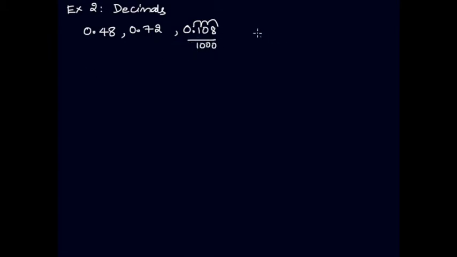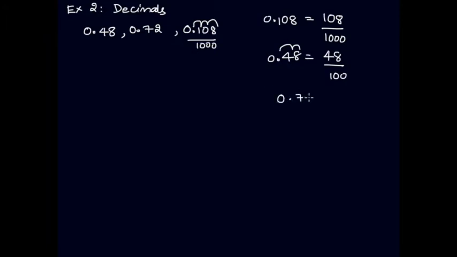In other words, 0.108 can be written as 108 divided by 1000. Similarly, 0.48 can be written as 48 divided by, since we need to move it 2 places, 100. Same thing with 0.72. We write it as 72, and since we move it 2 places, divided by 100.